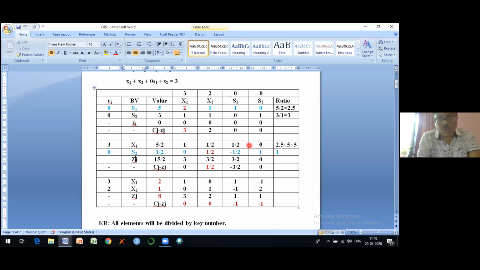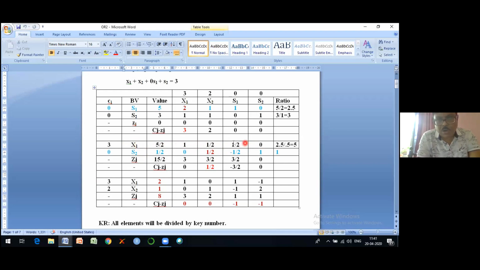This row is your non-key row. And this is another row, S2. Sorry, this row is your key row. Extremely sorry.